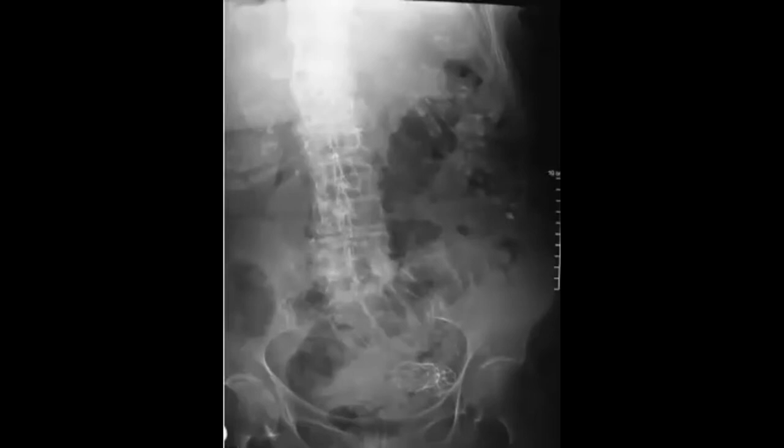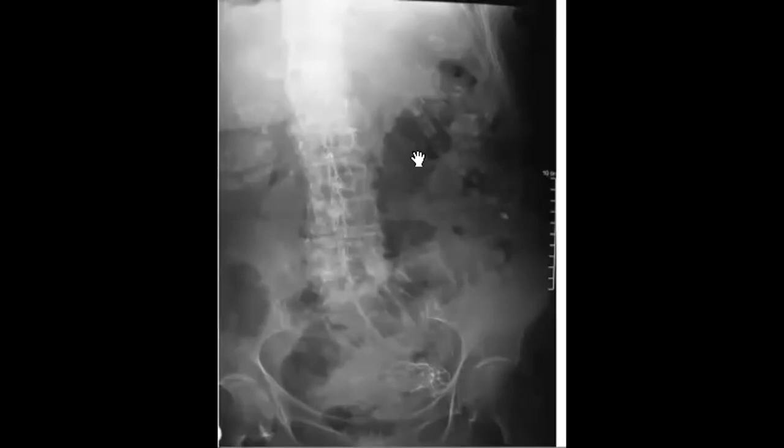Nice. So again, there are dilated small bowel loops, and you have a scale here already. So this is like 10 centimeters, if I am not mistaken. So it is more than 5 centimeters at least, which means it is dilated.